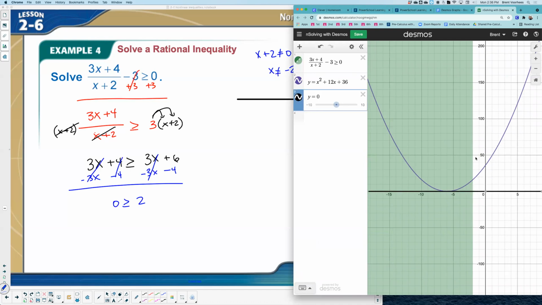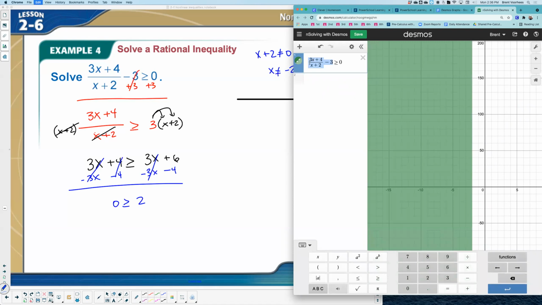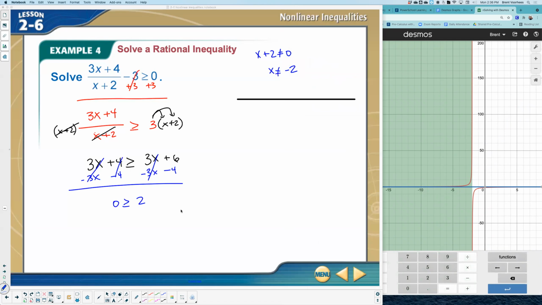Now notice they don't do a line at all because at -2 you're dividing by 0. So let me take these off. At -2 you're dividing by 0, so that shouldn't be part of the equation. Now what I am going to do here is graph y equals this, and then y equals the 0. And so you can see that this is a section of graph that's above. I'm not sure what I did over here.